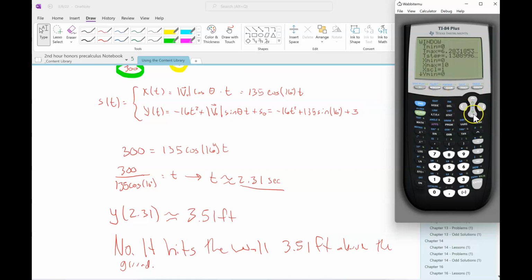So let's see. How long would a line drive-ish baseball stay in the air? Like 4 seconds. Okay, 0 to 4 sounds good for T. The X range, 0 to, well, it's got to be over 300, so I'm going to do like 350 or something.